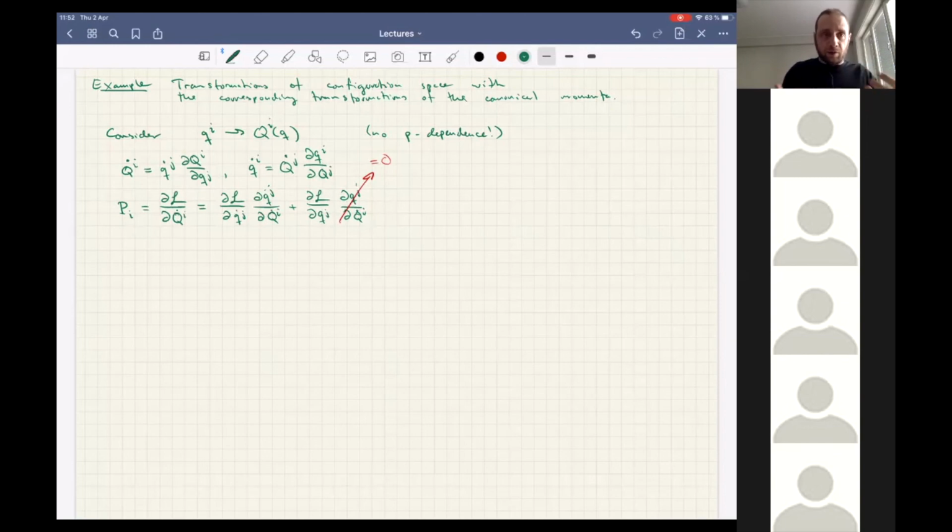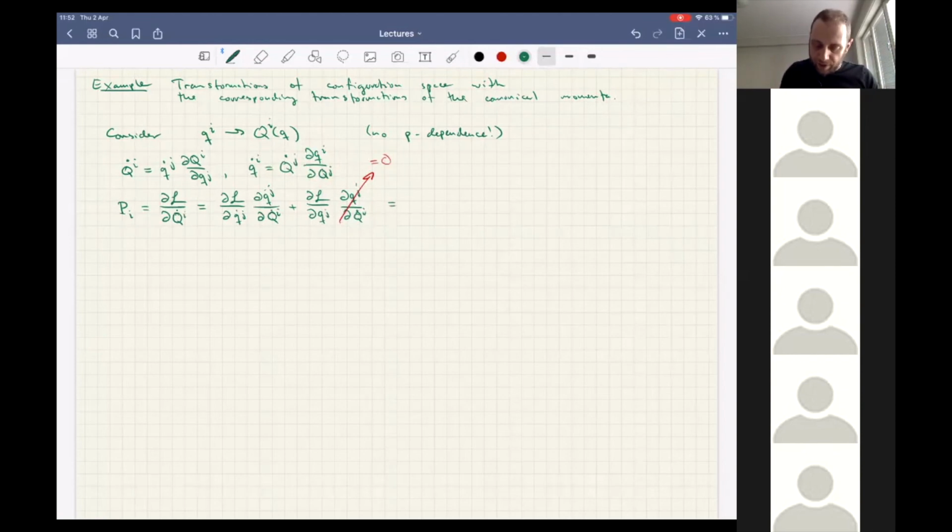And if I take the derivative now of lowercase q dot with respect to capital Q dot, well, this thing again only depends on the coordinates themselves, not the time derivatives. So I'm just going to get the time derivative here, and when I differentiate that, all I'm left with is this form.